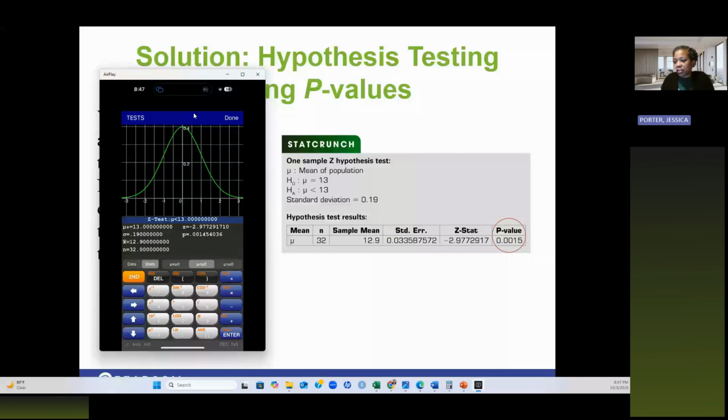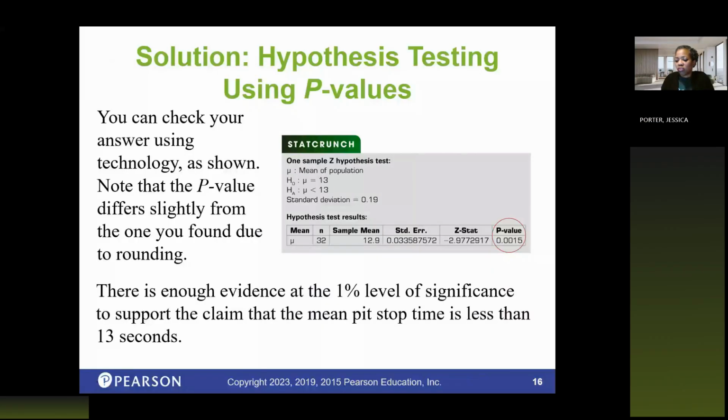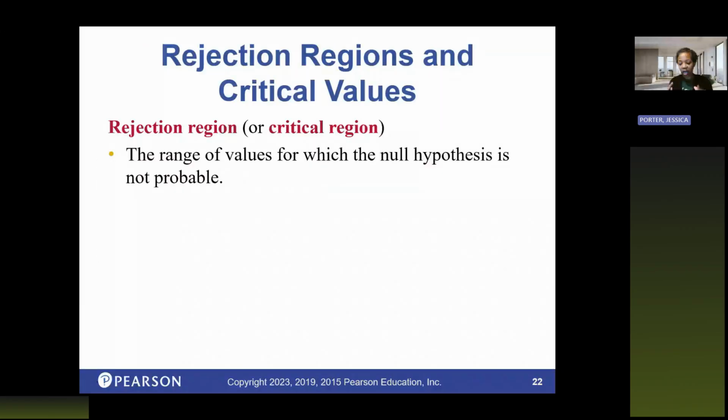We're going to do a couple of these. There is enough evidence at the 1% level of significance to support the claim that the mean pit stop time is less than 13 seconds. Then we'll just go back and do a couple of examples, going from the start to the finish. Rejection region is going to be the range of values for which the null hypothesis is not probable.